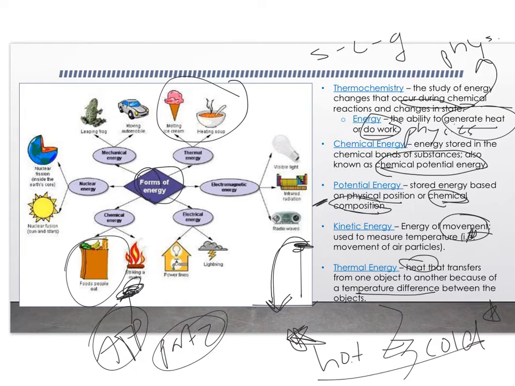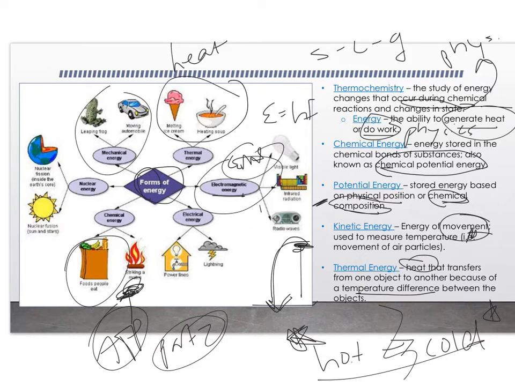There are other types of energy, like electromagnetic energy. We learned about the electromagnetic spectrum about 6 weeks ago. That also has a form of energy because we analyze the energy based on frequency and wavelength. Thermal is your heat, inputting heat or taking heat out.